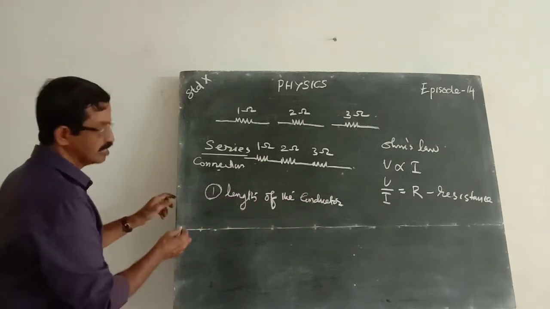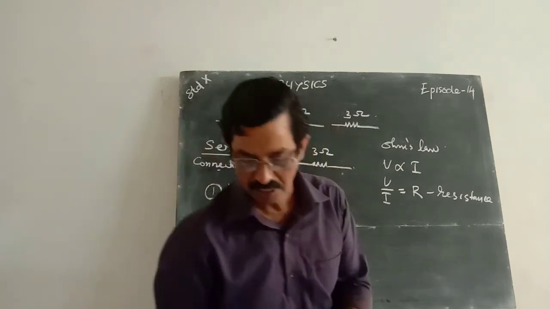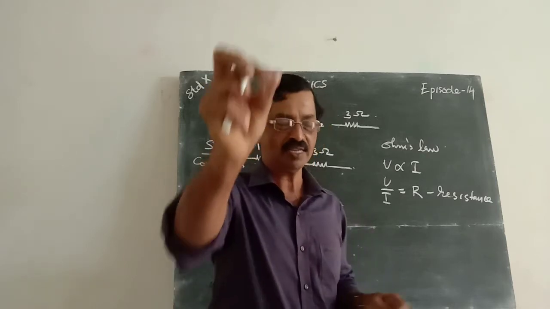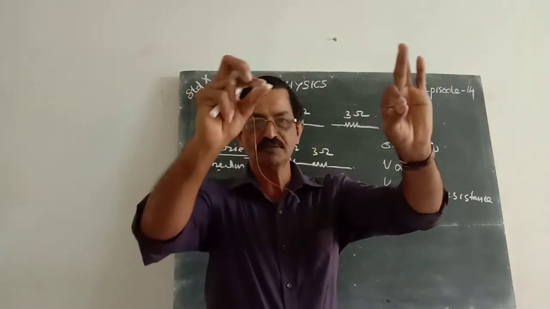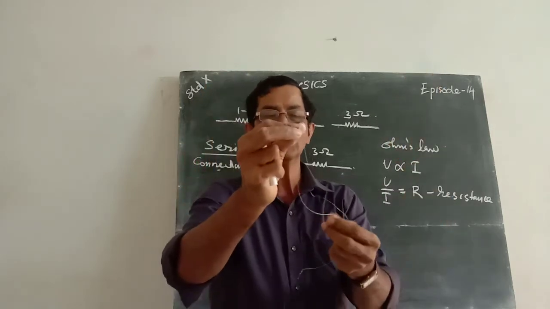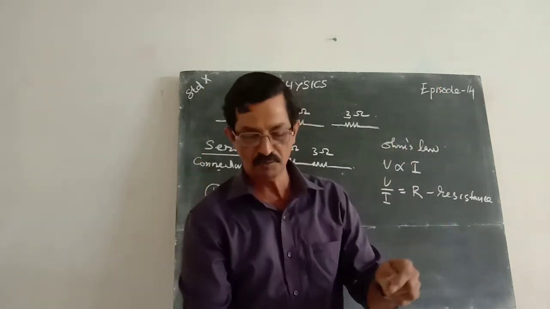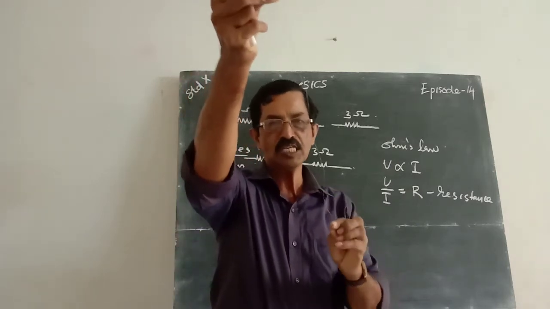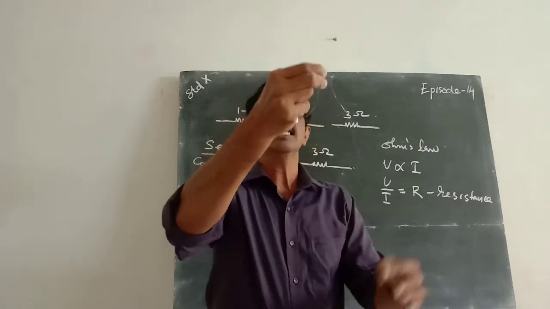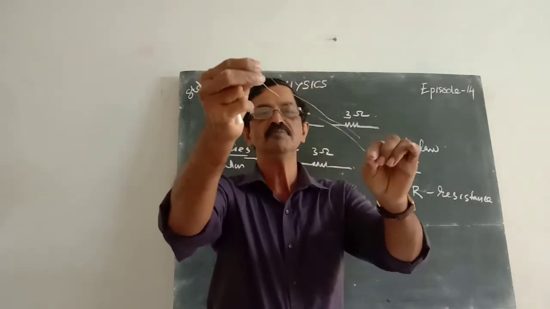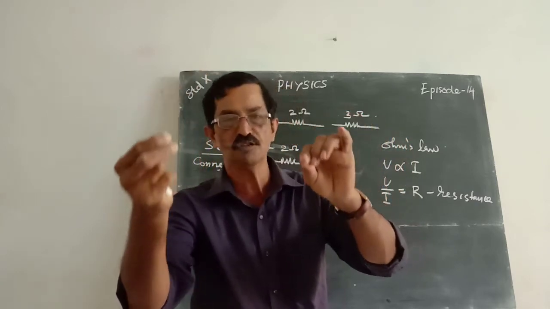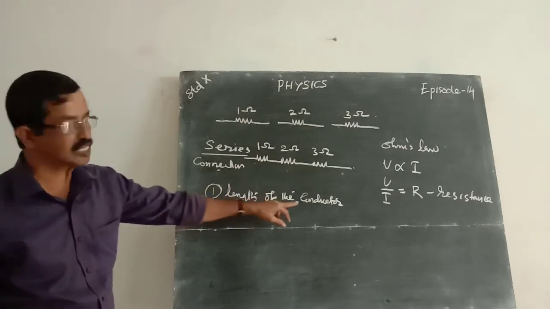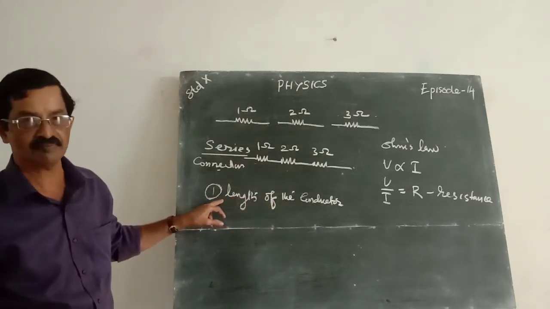Suppose see here two conductors, these are the resistors, this one is a nichrome wire and this one is another nichrome wire, both of the same material, but see this one's length is this much only, but what about the length of the second one? This one's length is this much more. From this you can understand the lengths of these two wires are not the same, so the resistance is also not the same. So resistance of the conductor, that is resistor, depends on its length.